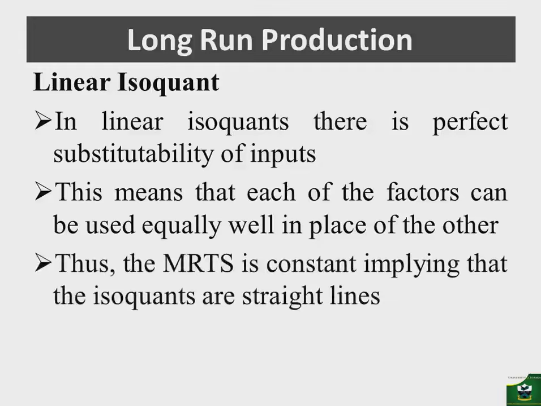With that, the marginal rate of technical substitution is constant, which tells us that the isoquant is a straight line. From the top left of the isoquant to the bottom right, the slope will not change. It will remain the same because the isoquant is a straight line.